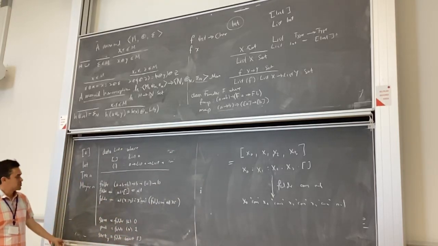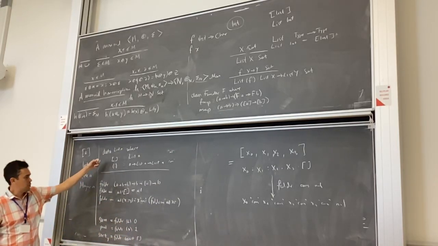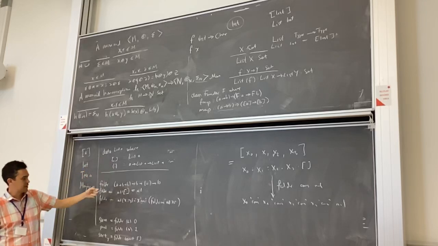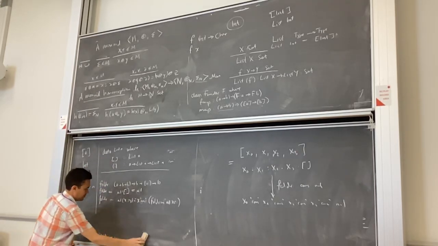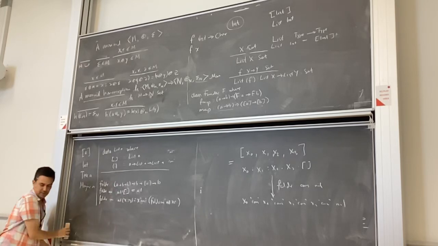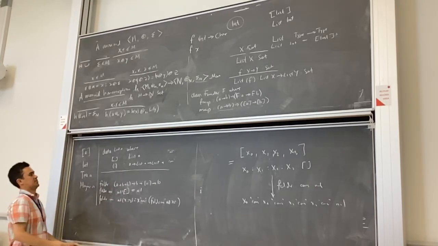So what I want to talk about is notice the pattern that's going on between here and here. What is the type of cons? And what is the type of nil? Ambiguity intended.